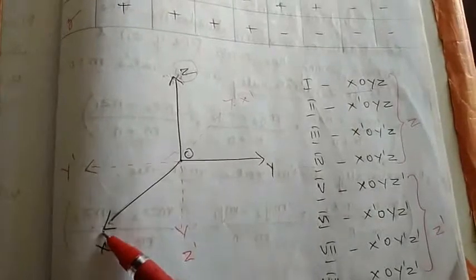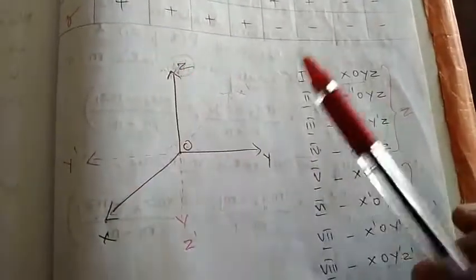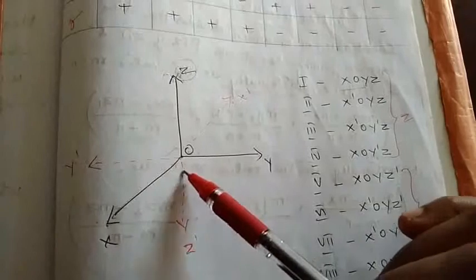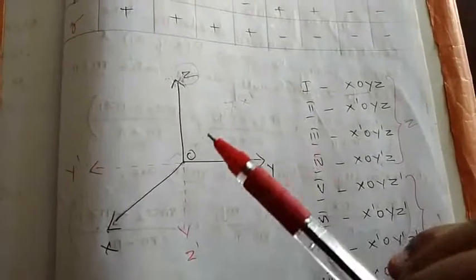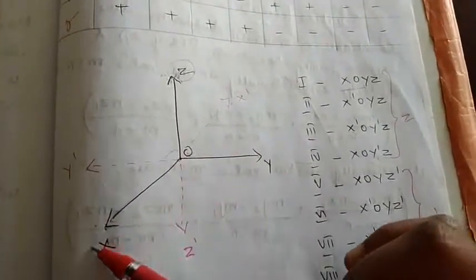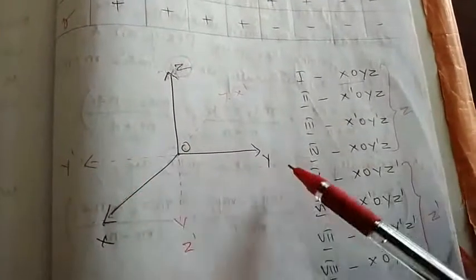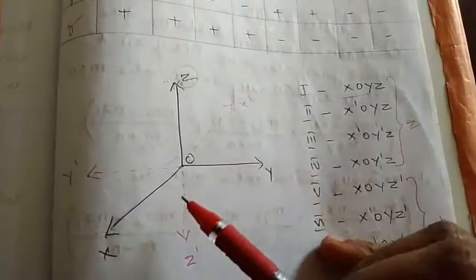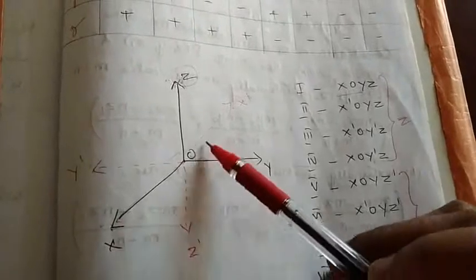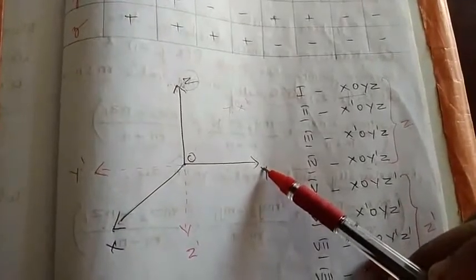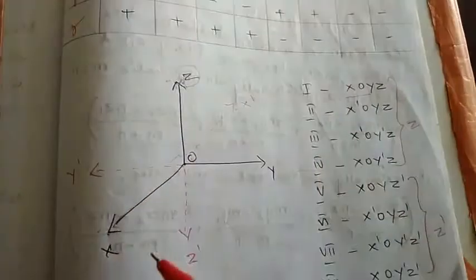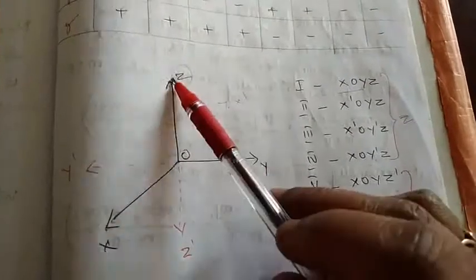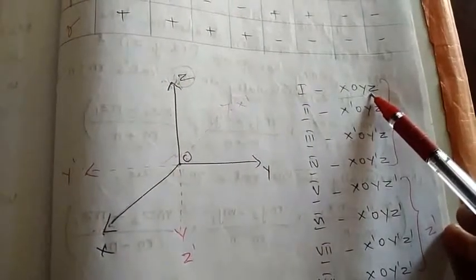To start with, this is x, y and z, and this is x dash, y dash and z dash. We know this already, right? Now this is the x axis, y axis and z axis. To start with x, o, y and everything with z. So x, o, y, z is your first octant.